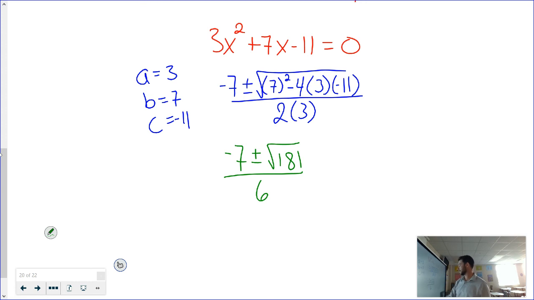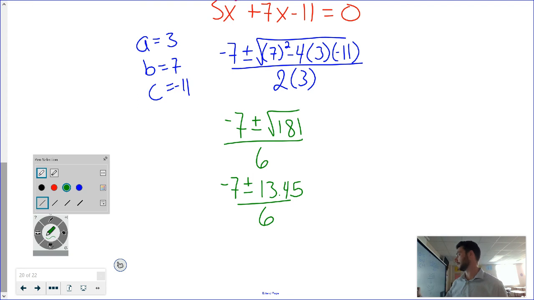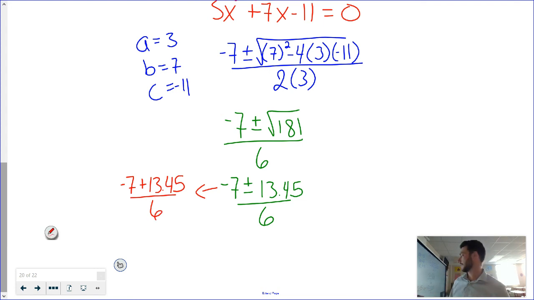So this is one more time, -7 plus or minus 13.45 divided by 6. Well, fine. We can find two answers here. We can say, hey, here's one: -7 plus 13.45 divided by 6. It is important that you do the top first.